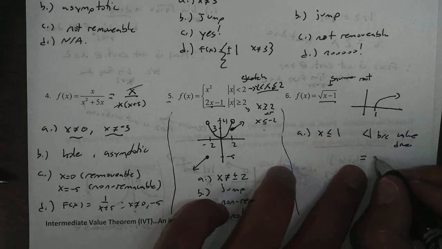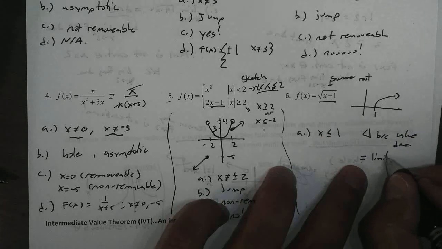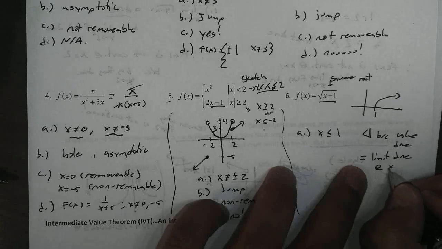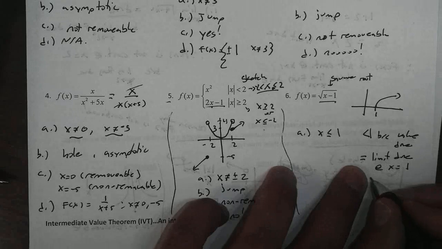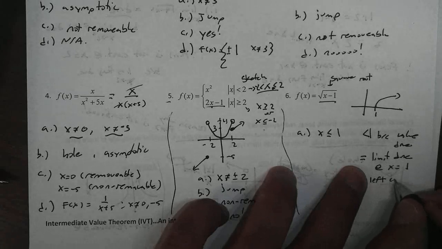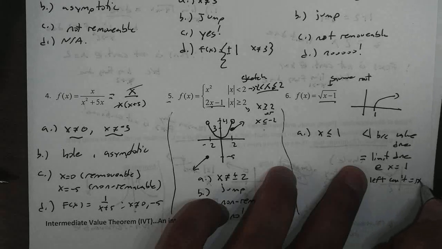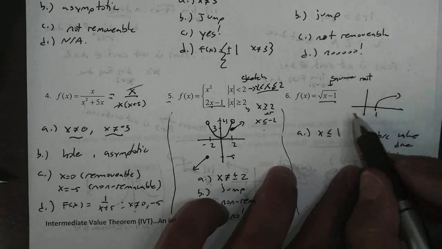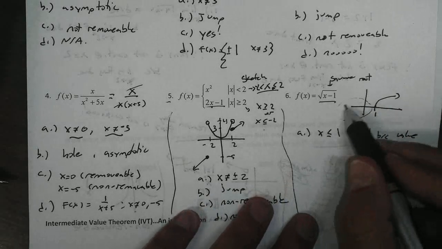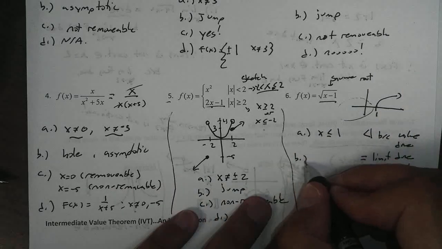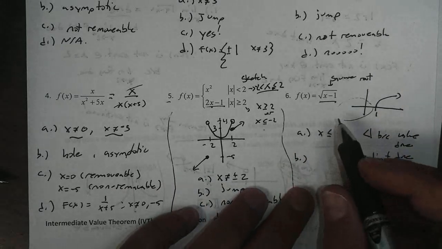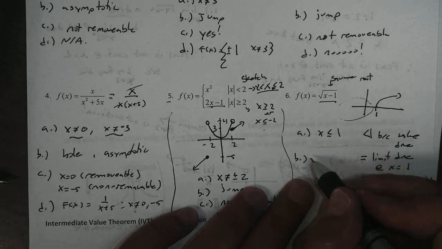Well, that's because of the limit. The limit does not exist at x equals 1. And remember, the reason for that is because the left can't equal the right. You can't equal if you're not there. There is nothing to the left of it. Because there's nothing to the left of here, the limit cannot exist. So for part B, well, what is it? Is it a jump, asymptotal, point? Well, in this case, it's none of the above.